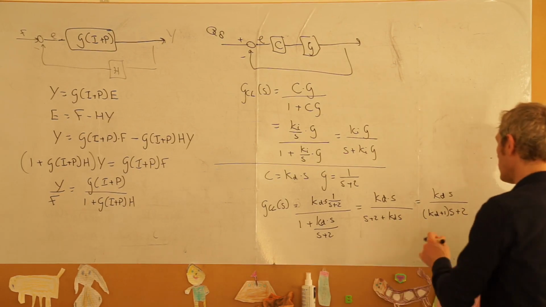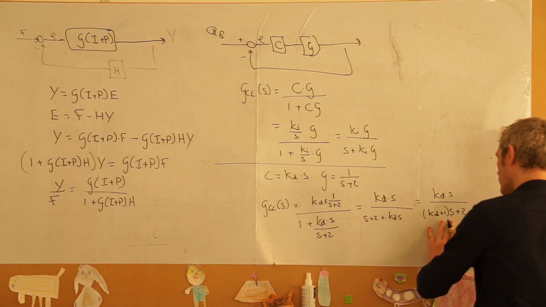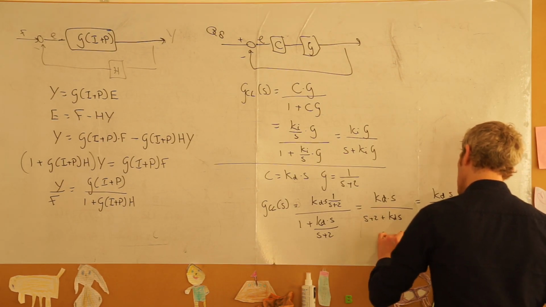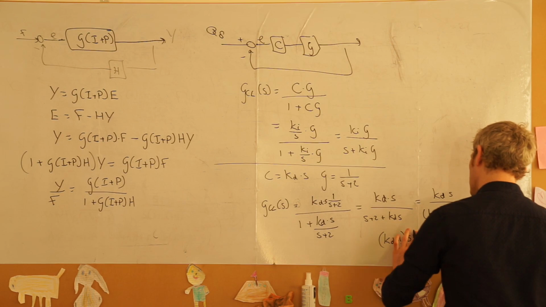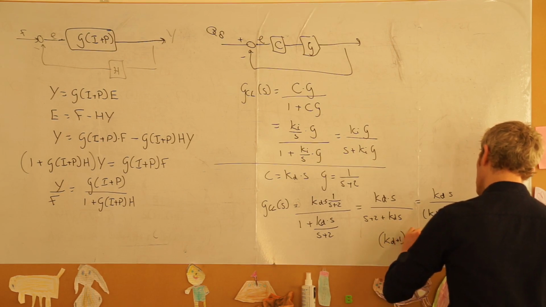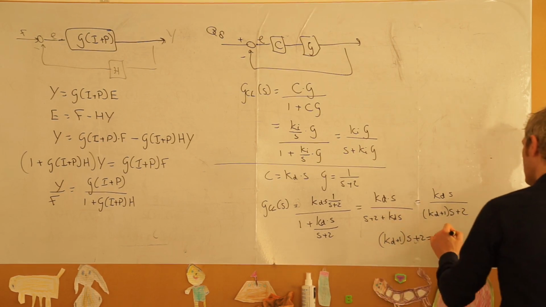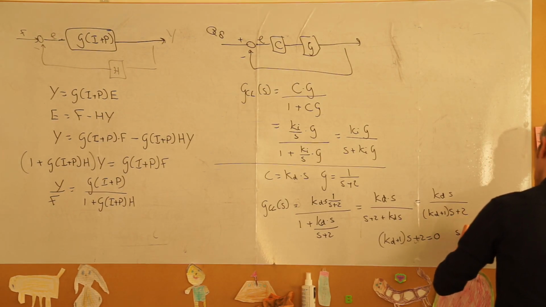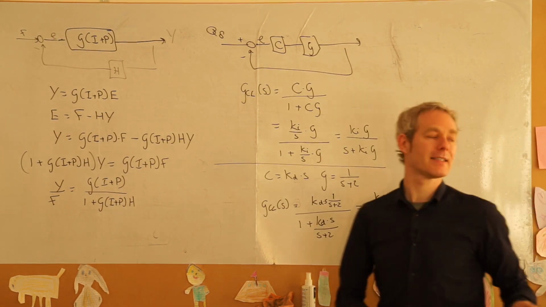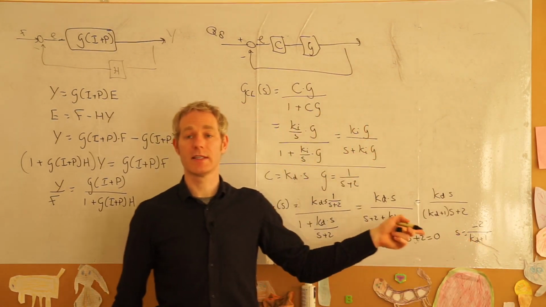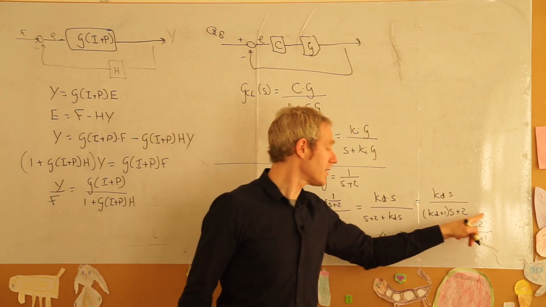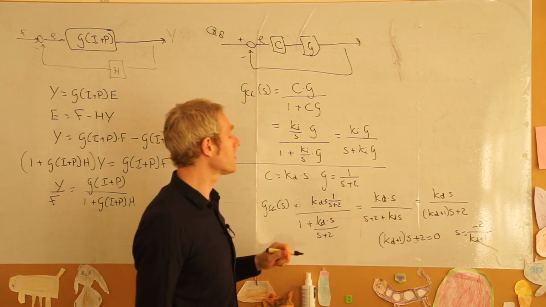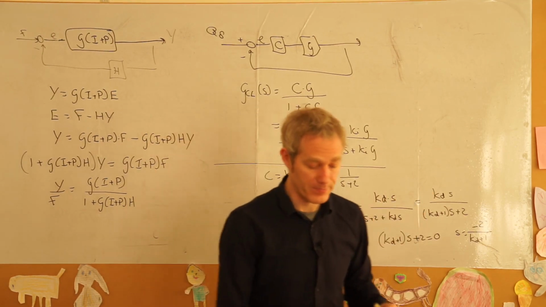We look at the closed loop poles, and that is (Kd plus 1) times s plus 2 equals 0, and that is the case for s is equal to minus 2 over (Kd plus 1). And as this is always negative because Kd is always positive, these are in the left half plane, so the system is always stable regardless of the value of Kd.